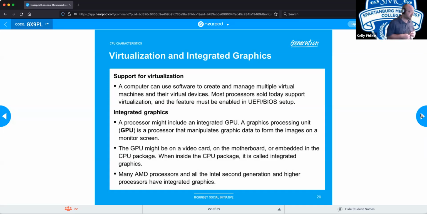Like if I'm operating off of Windows 10, but I have programs that only work in Windows XP, I can create a virtual Windows XP system to run. I need to have at least one core available, enough memory and storage to be able to do that. But then I can create that instance and run it virtually on my system. But the processors have to be capable of doing so. They have to be compatible with that.